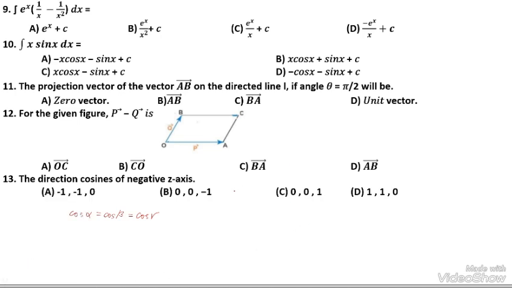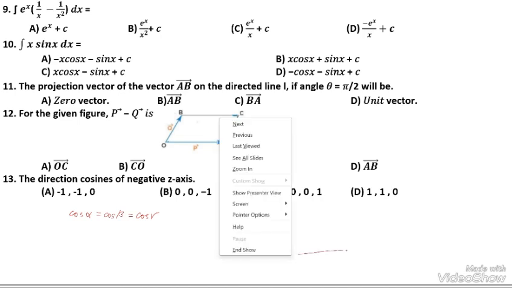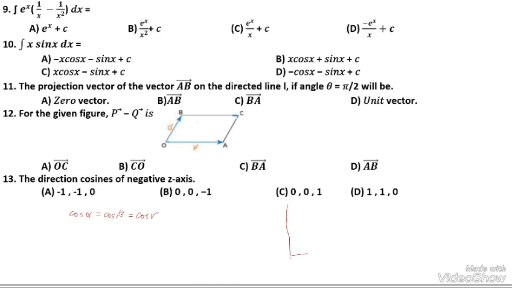I can draw here, simply, a rough diagram. This shows the x-axis, y-axis and z-axis. Here there is a negative angle. Okay. The upward side is the positive angle, downward is the negative angle.